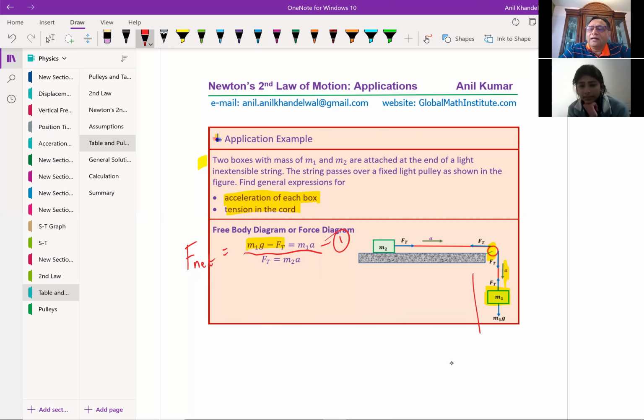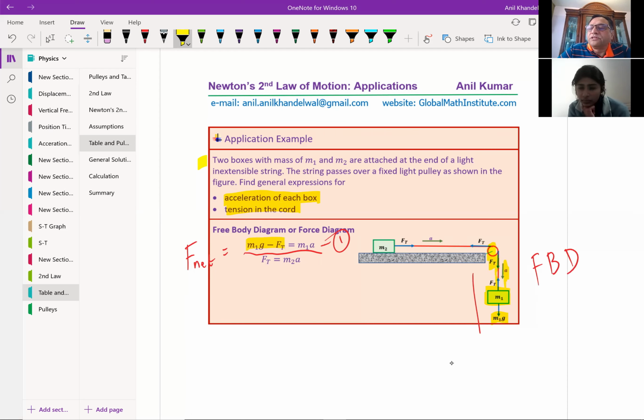Yes, that's clear. And this is our free body diagram, which clearly indicates that we have a mass M1, the downward force is M1g, Ft is the tension, and a is the acceleration. We have seen that this string is inextensible, and it has a tension force Ft in the opposite direction.